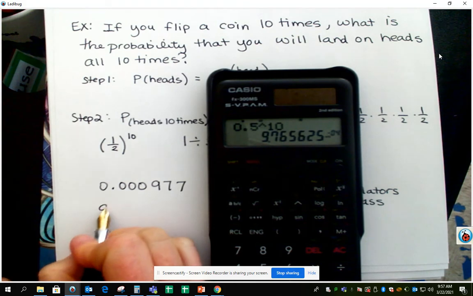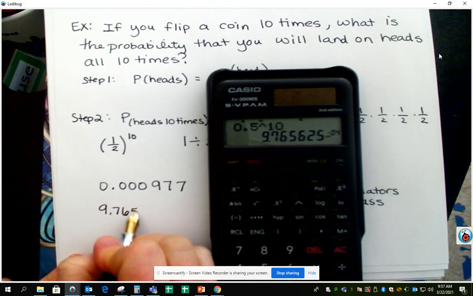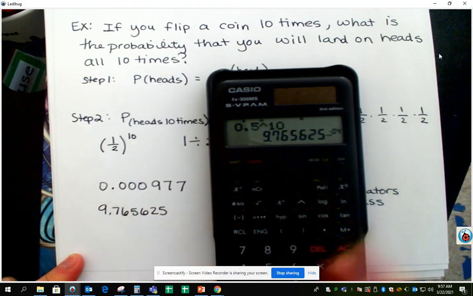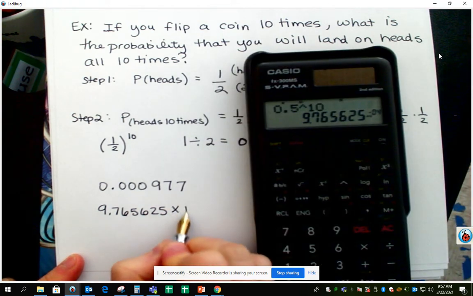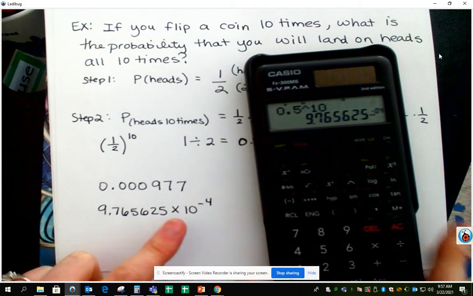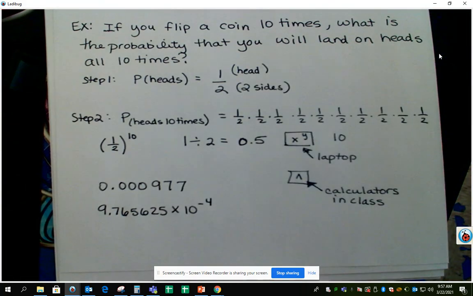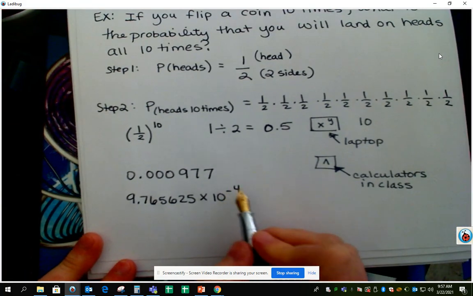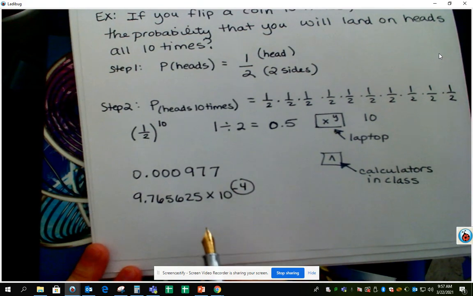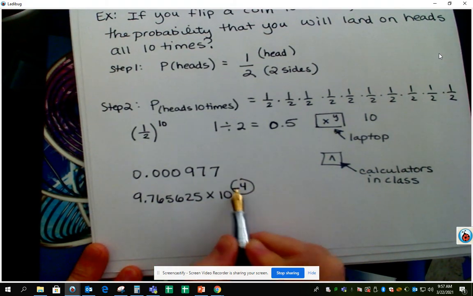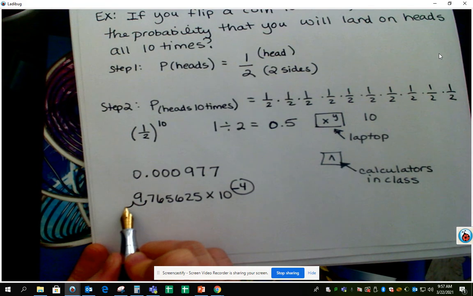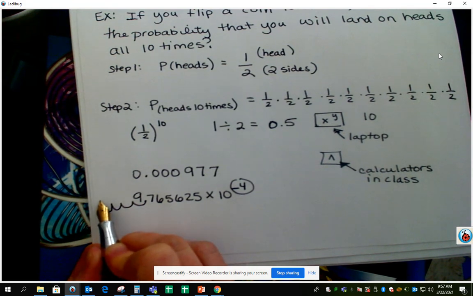It says 9.765625, and it has this negative 4. This means times 10 to the negative 4th. This is called scientific notation. What this means is whatever this number is, I need to move my decimal. Because it's negative, I'm going to go to the left: 1, 2, 3, 4 places.